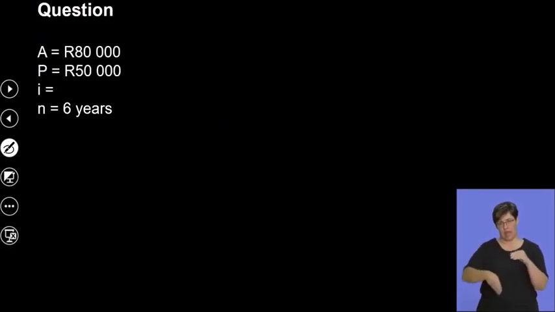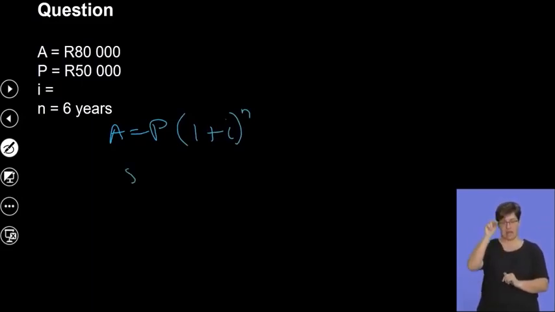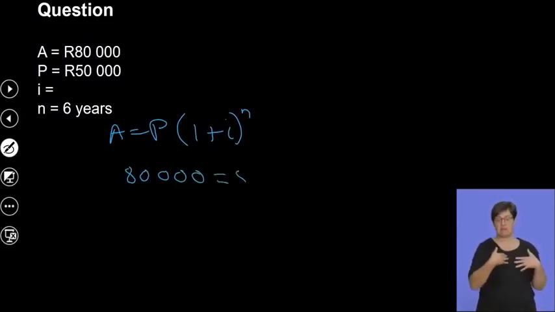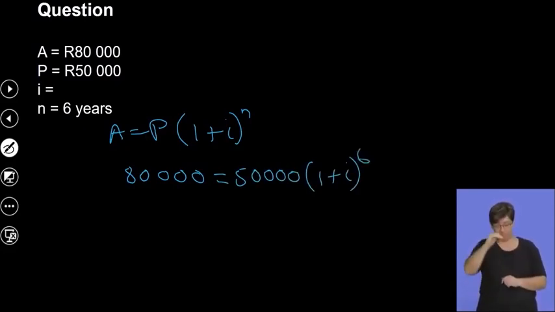So we're not going to change anything there. Remember the formula first: A = P(1 + i)^n. My A is 80,000 because that's what it was worth after 6 years, and Lebo invested 50,000. This was at an interest of i, which we do not know, for 6 years.